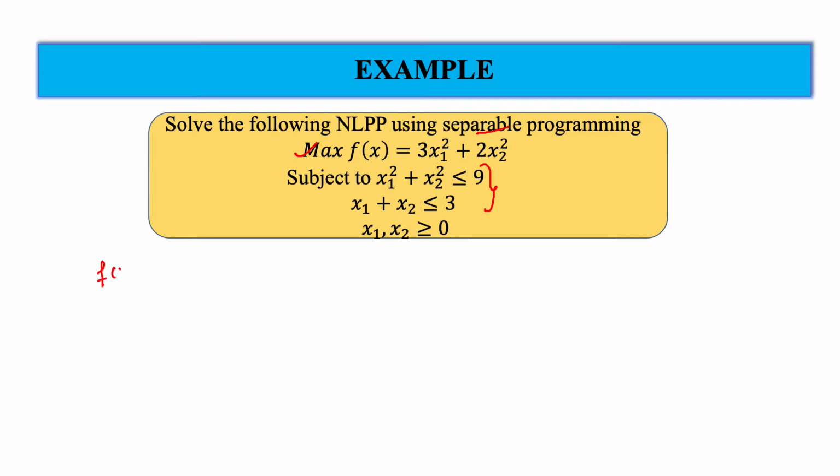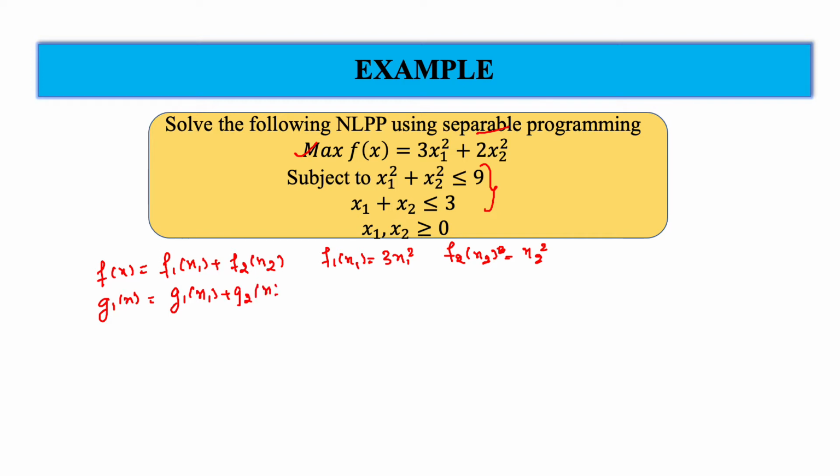The objective function can be separated as two functions, f1(x1) plus f2(x2), where f1(x1) is 3x1 square and f2(x2) is 2x2 square. Similarly, the first constraint can be written as g1(x1) plus g2(x2), where g1(x1) is x1 square and g2(x2) is x2 square.